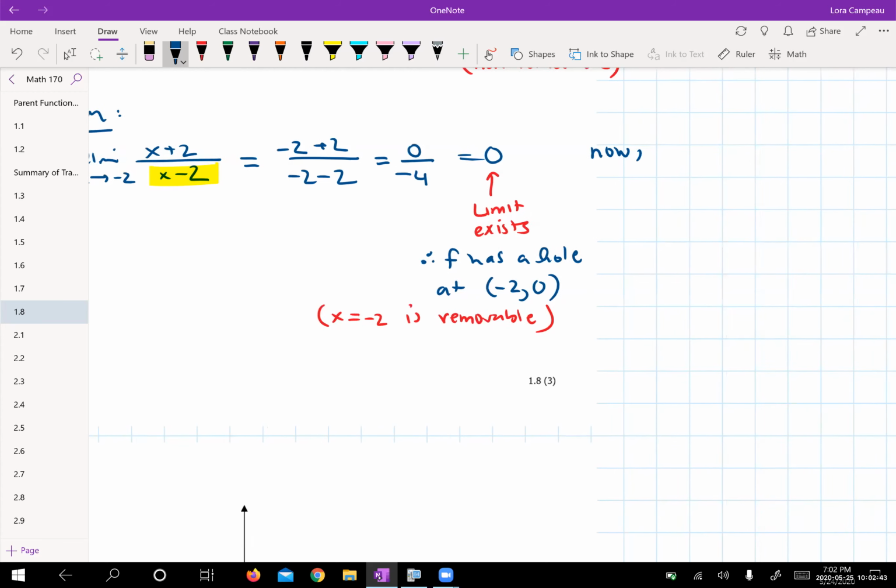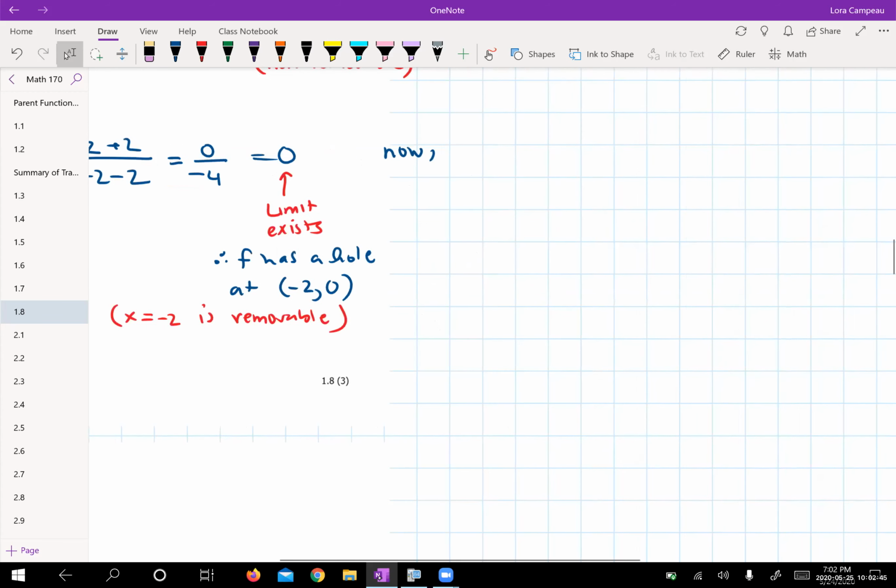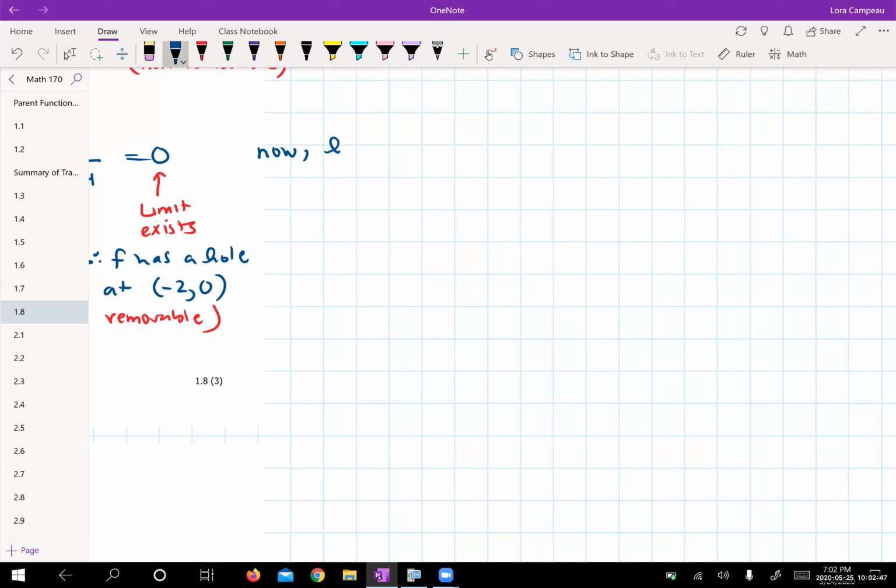So let's calculate the limit. I'm going to move over right here. The limit as x approaches 2 of our function, as x approaches +2. So we'll be looking at the limit as x approaches 2 of x plus 2 over x minus 2.